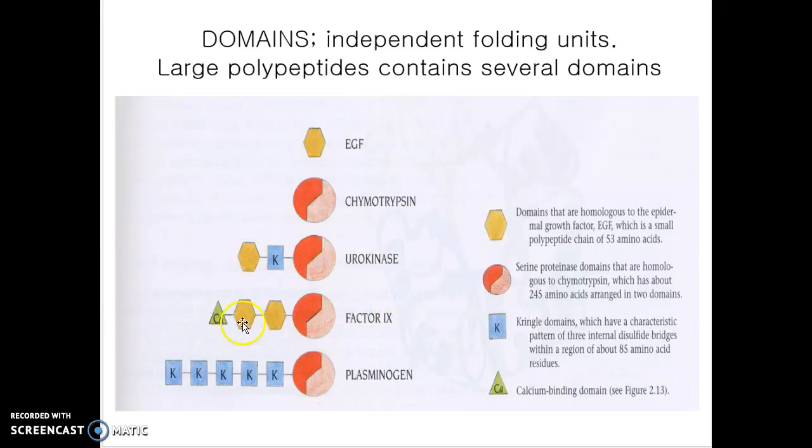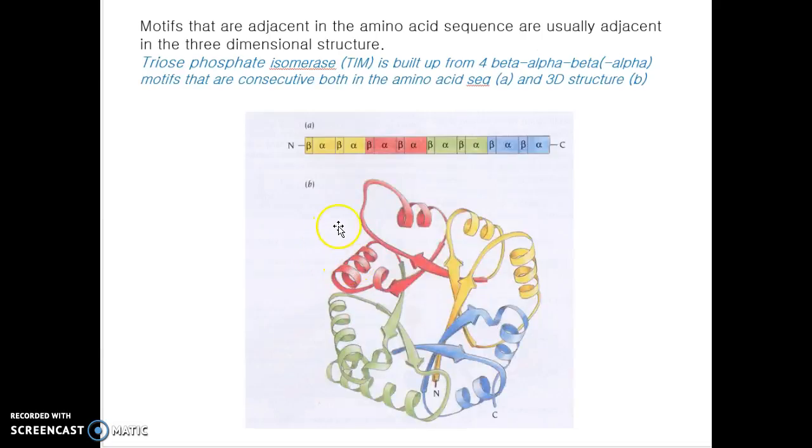Factor 9 has 4 domains, something like that. All of these proteins only have a single polypeptide, so only one tertiary structure, however composed of single or multiple domains. So each domain could exist alone. Even if you cut here, they could exist.